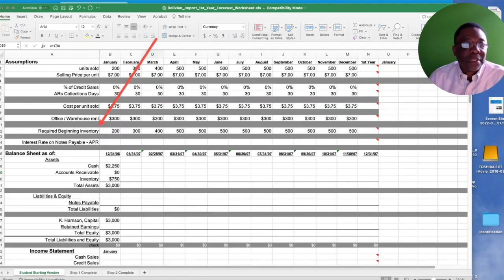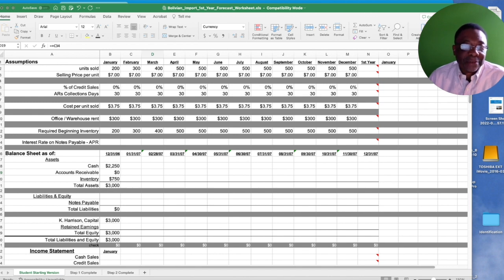I have populated the required beginning inventory. I want you to notice something though. We plan to sell 200 units in January, and our required beginning inventory for January, in other words, January 1, is 200 units. We plan to sell 300 units in February, and our required beginning inventory for February 1 is 300 units. So in other words, our required beginning inventory is equal to the amount we plan to sell that month.